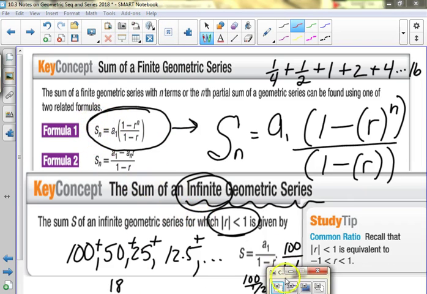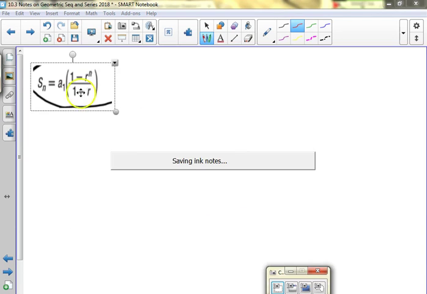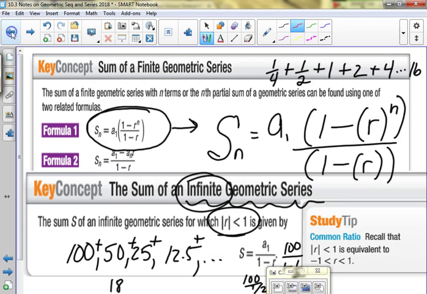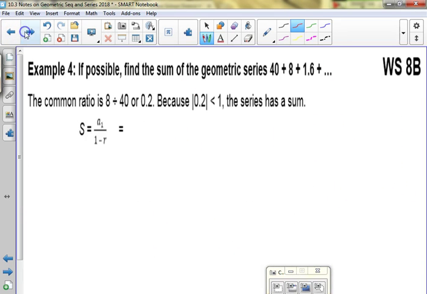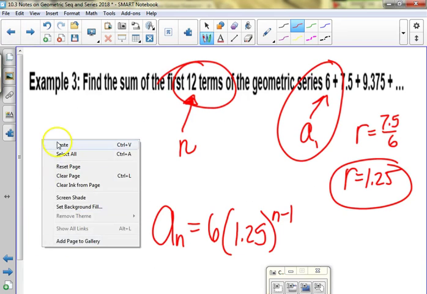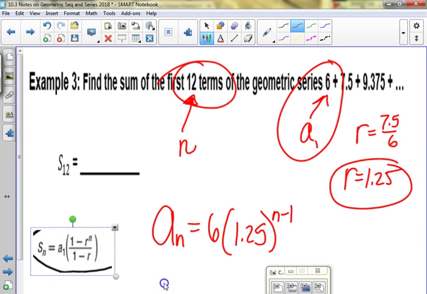It's this formula right here. Does it have an n minus 1? No. Okay. So don't get confused. The formula, and it's on your gray sheet, does not have n minus 1. It has n.